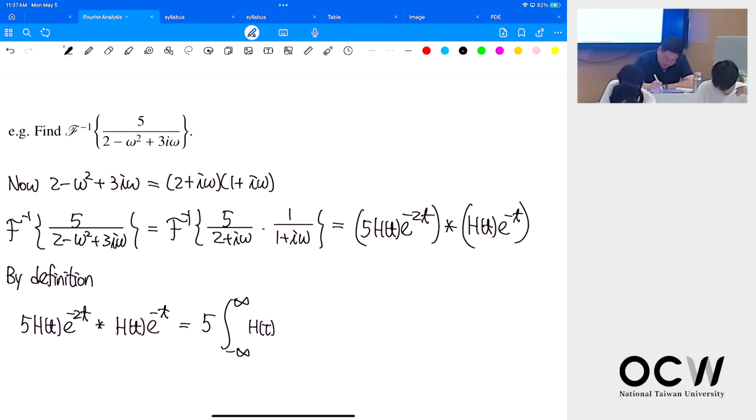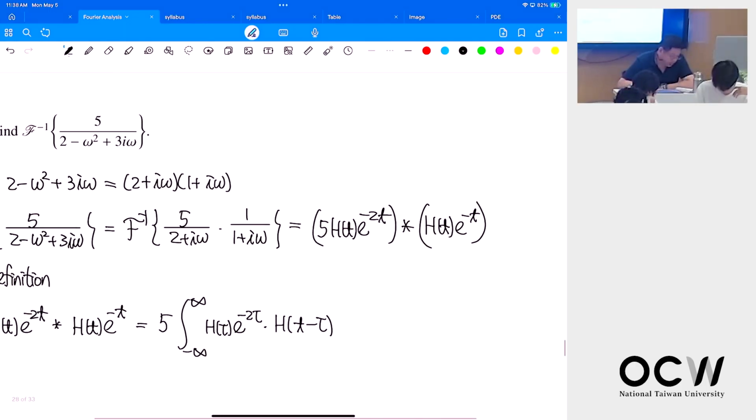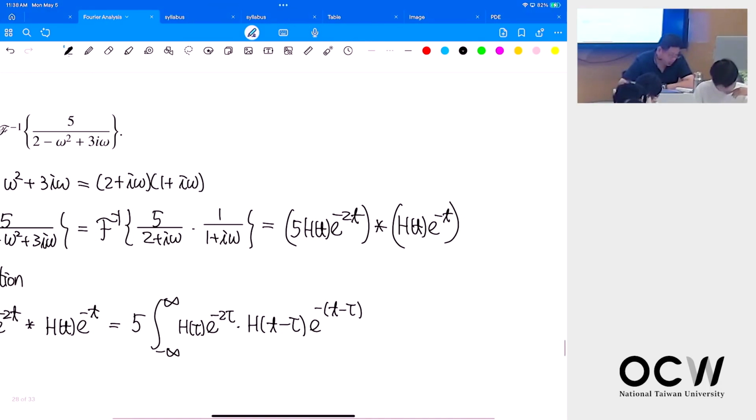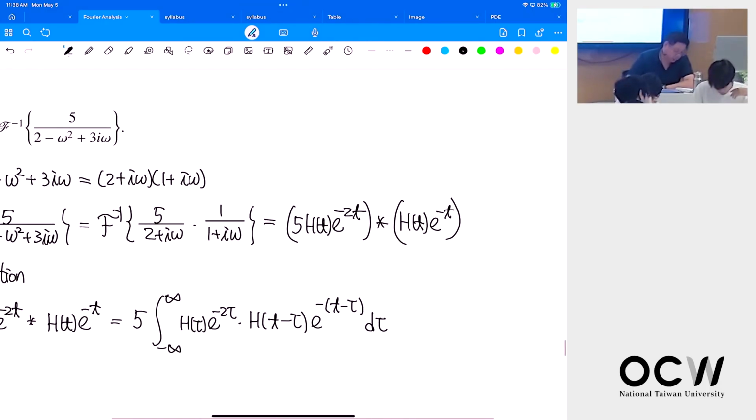H tau e to the minus 2 tau. And the other function I will flip and shift to the right. Again, I flip and then shift to the right. d tau.